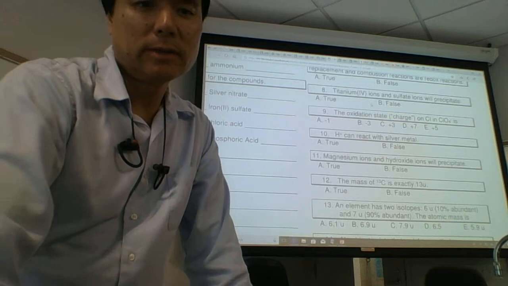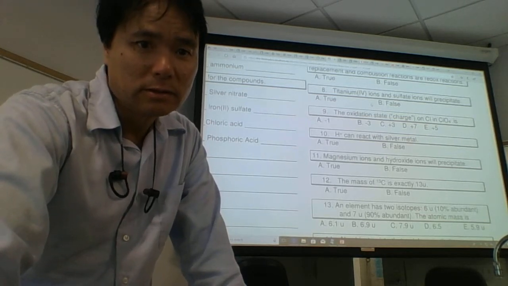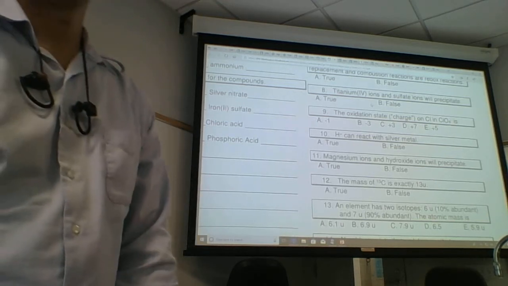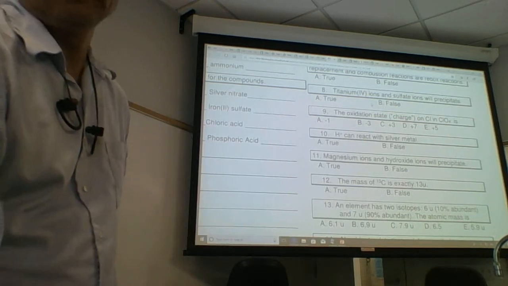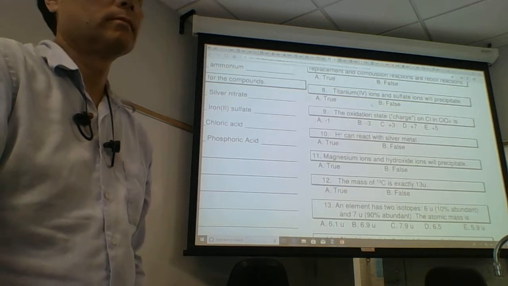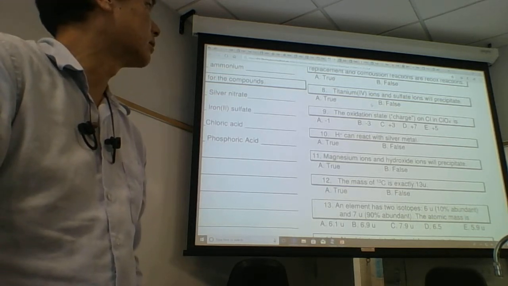How can you determine the oxidation state based on Lewis structure? It's not the first way I showed you how to determine oxidation state.